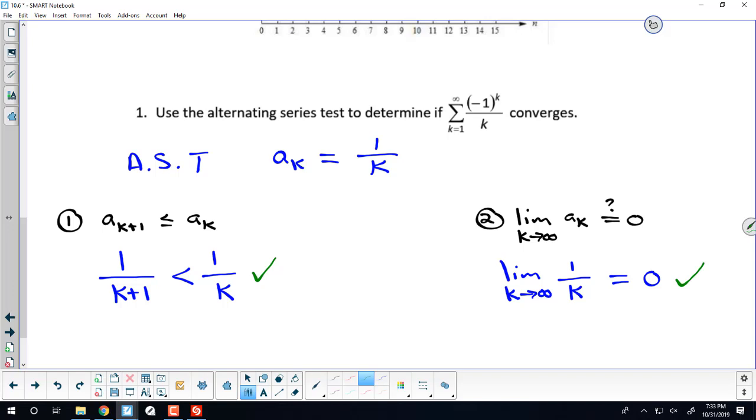So we've already said that the alternating harmonic series converges, but here we're showing it again using the test.